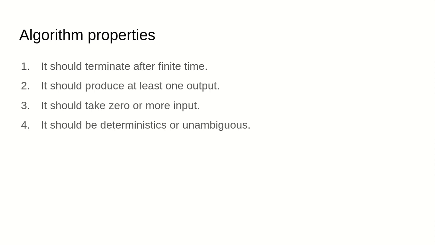If we give a equal to 20 and b equal to 20, then it produces 40 for a plus b equal to z. If we write some algorithm which produces the same output for different inputs, then there is some ambiguity problem. So this is not acceptable for an algorithm.